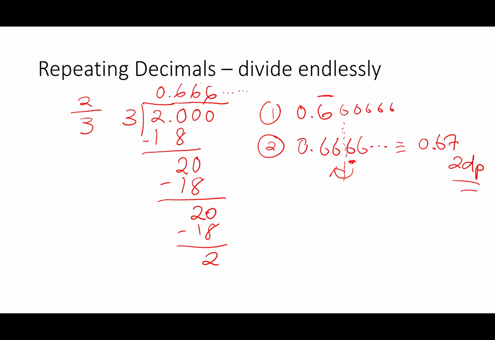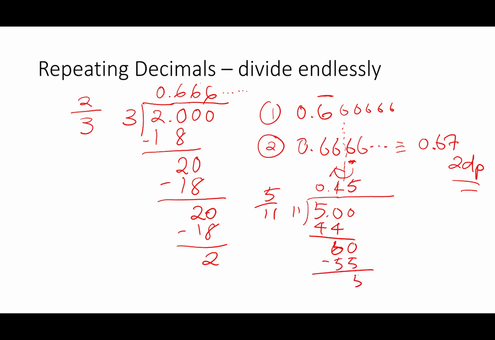So another example, 5 over 11, which is equivalent to 5 divided by 11. If we do the division, we will find that we get 4, which is 44, and left behind 6, and then we add a trailing 0, and then we get 5, get 55, minus 55, and then a trailing 0, we get 4, get 44, 6, and then 0, 5.